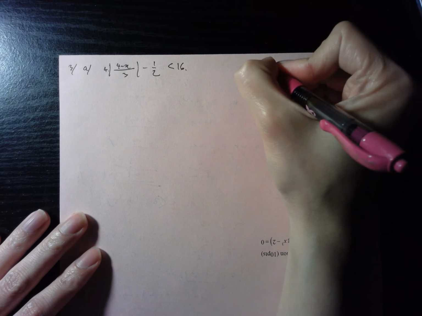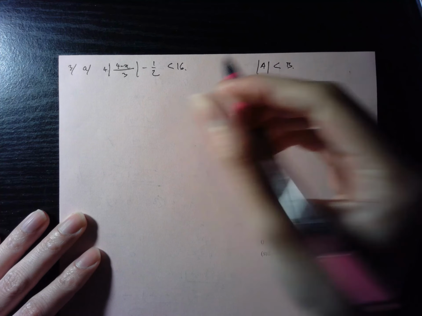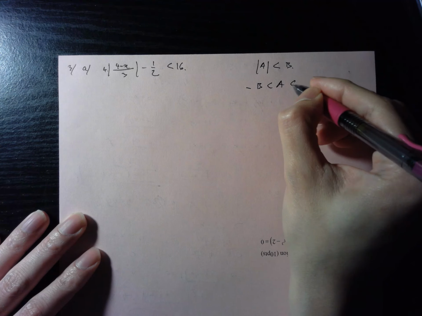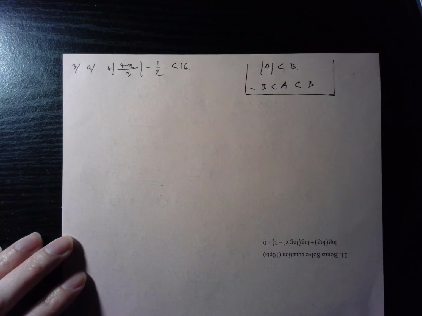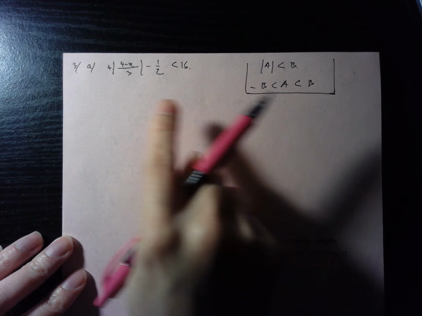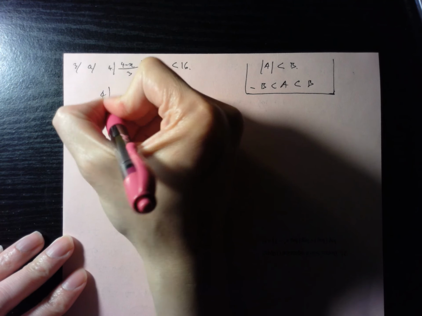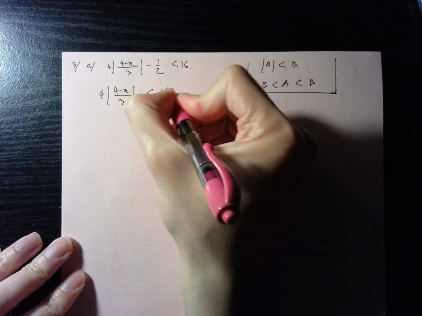You have to put it in the form absolute value of a less than b. Then you use the formula. You have to use the formula, okay? Because every time we solve an absolute inequality, you have to use the formula. You just don't throw away the absolute bar. So I have this. So add both sides by 16.